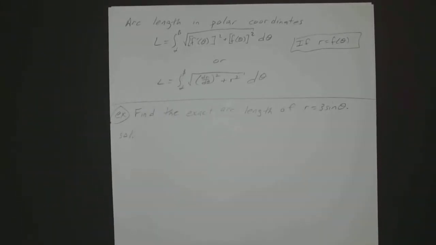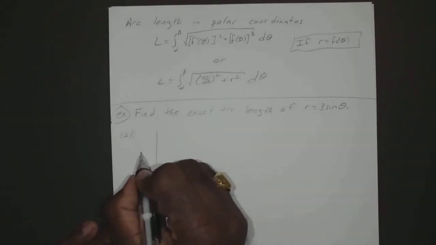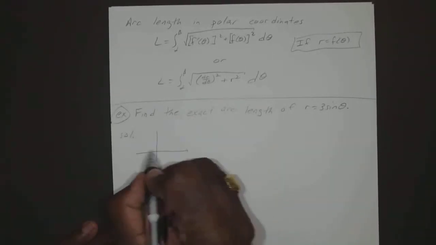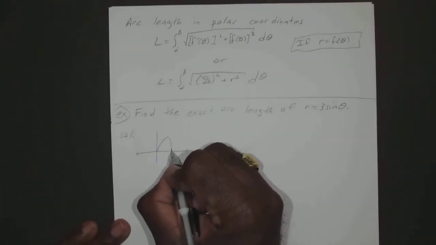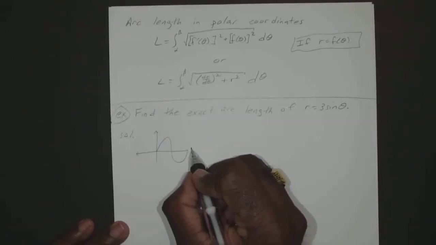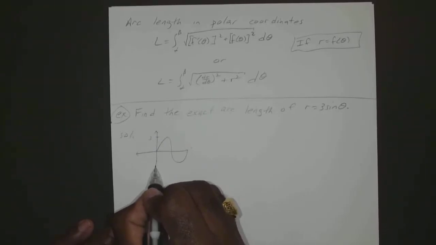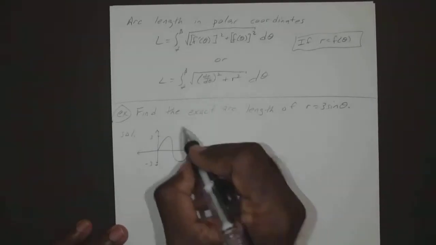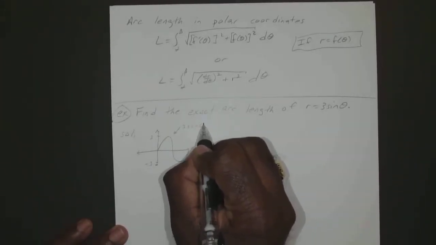Okay, so if we wanted to just look at it graphically, let's say 3 sine of theta. How's that sine there? Of course, that's from 3 to negative 3. And this is 3 sine of theta.